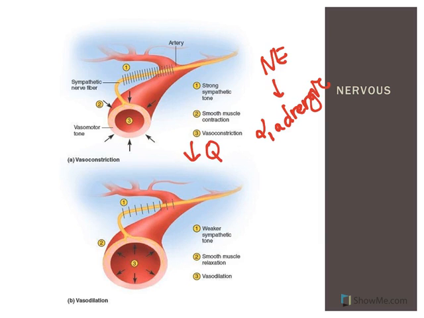Now, how can we use that to be able to increase flow? What it really always comes down to is the more sympathetic input, the increased firing rate on those blood vessels would cause vasoconstriction. If I don't want that vasoconstriction, you'll have less firing to that blood vessel.